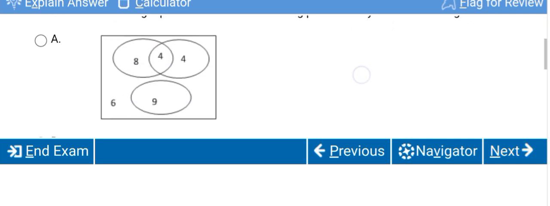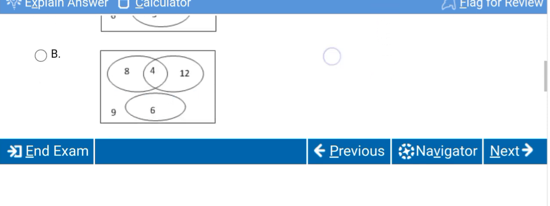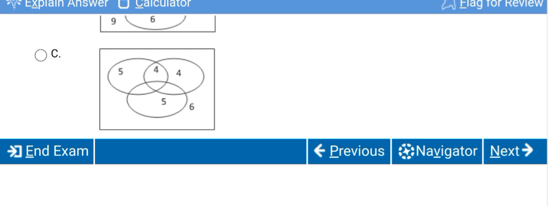Option A, we have this diagram. You can take a look at it. And then we have option B with these numbers and some shapes. And then we have option C with this diagram.